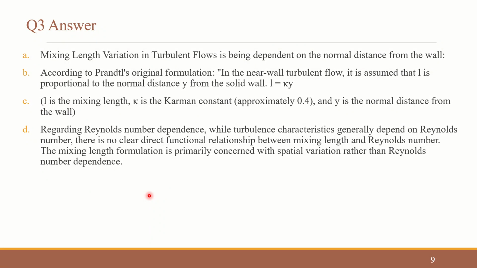When we say flow has a low Reynolds number, we call it laminar flow. Similarly, if flow has a high Reynolds number, we call it turbulent flow. So turbulent flow arises from the Reynolds number dependence.